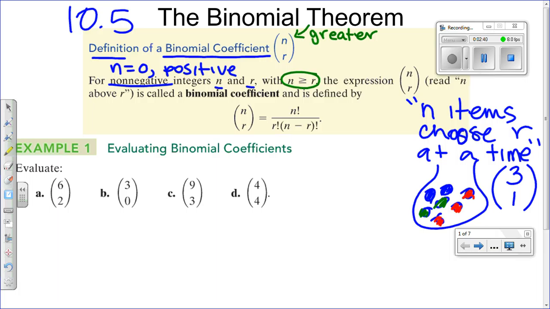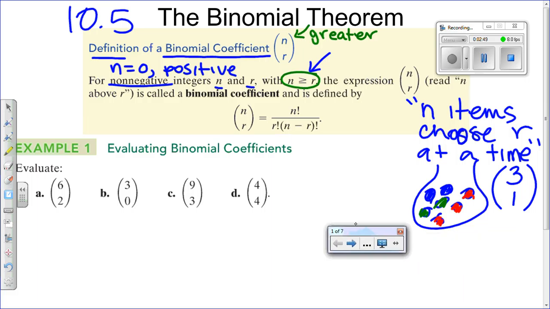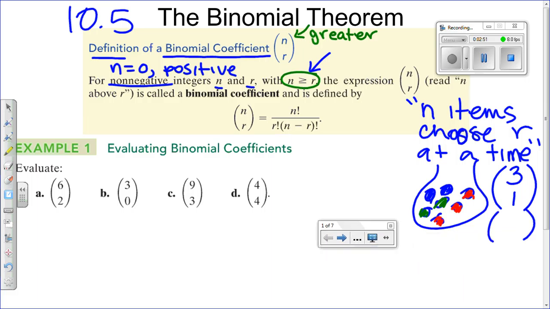The reason the number on the bottom must be smaller is because for the red marbles, we could ask out of 3, how many ways can you get 1 or 2 or get 3? That's like if you were choosing 2 at a time or something like that.